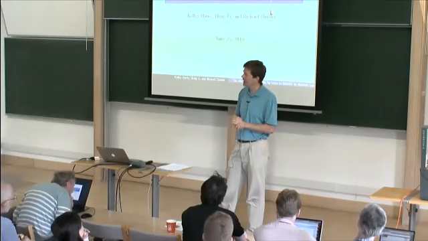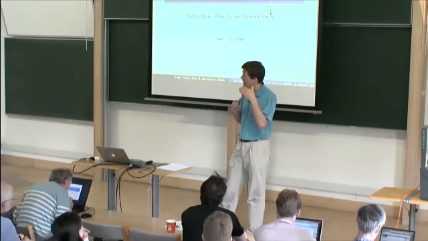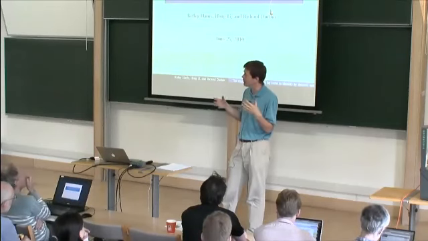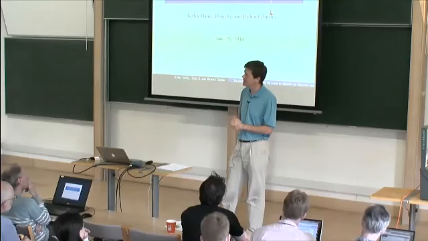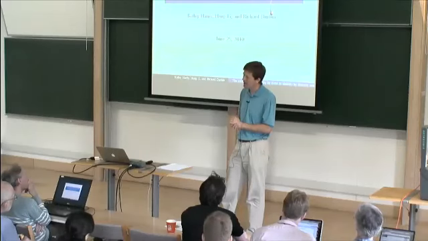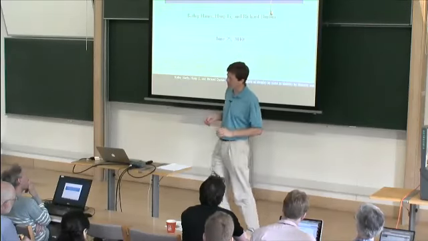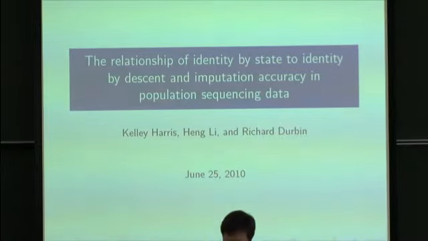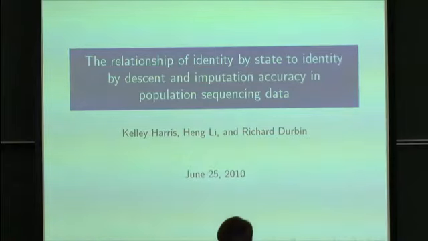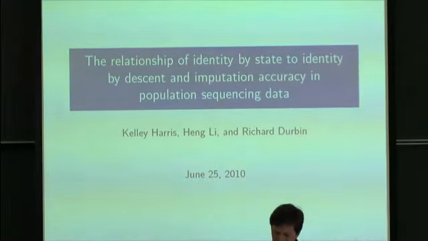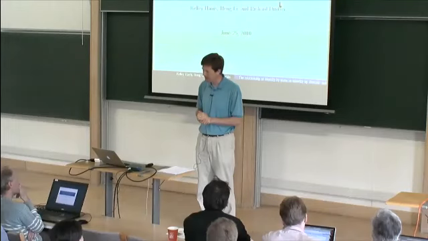As we go to sequencing panels of individuals and then try to use that information for inference on other individuals, I think these are going to be progressively more important approaches. So I thought this was a good opportunity to talk about her work. And in a way it's relevant to the next session, so it's not too far off this morning's topics. So these are basically Kelly's slides about this.